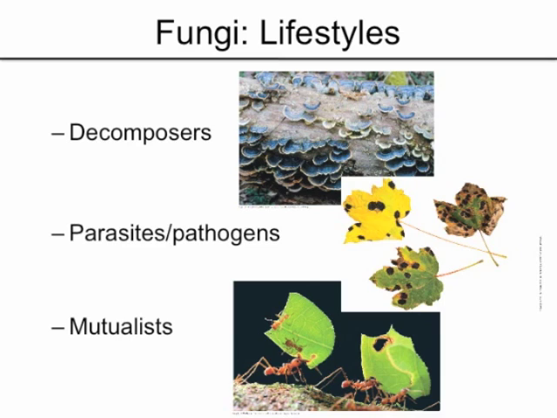We're going to talk about what's going on here with the ants, which is mutualism. They actually will have this relationship with the ants, and they help each other. There are a few fungi that do act as parasites or pathogens, and we will look at some examples of those.